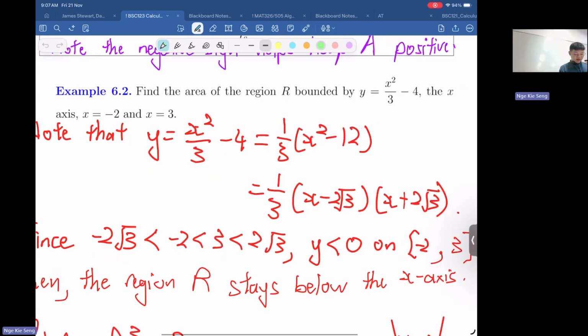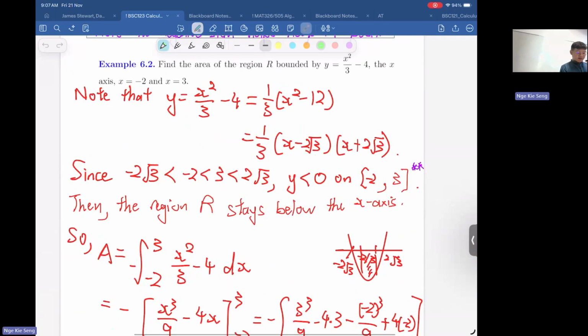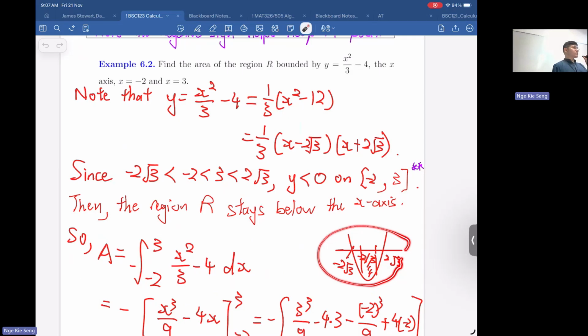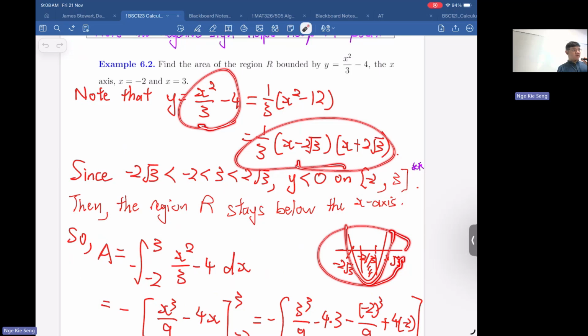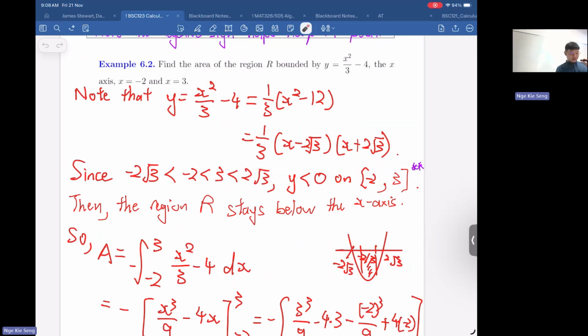To solve this, you can use your quadratic method. Did you learn this quadratic method in high school? I think we repeated using this. So you have a positive quadratic, so you have a smiling face, and then you find the roots. So you know where they intersect 0, and then you see which part is positive and which part is negative. And then it turns out that -2 and 3 lie inside the negative region.